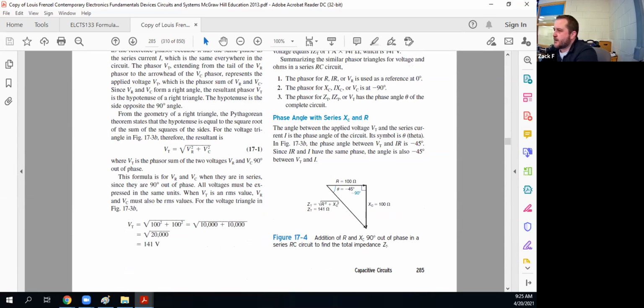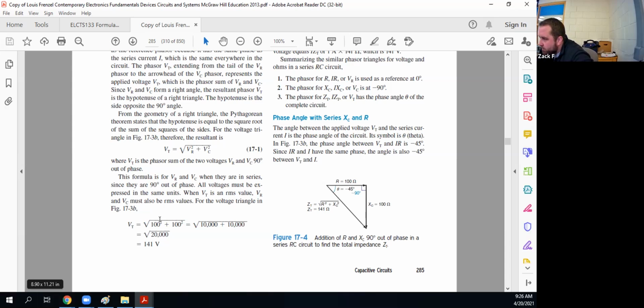Remember, impedance is a fancy word for resistance, but it's resistance in an AC circuit. You have resistance in an AC circuit too if it's purely resistive. But if you have capacitors or inductors in an alternating current voltage circuit, you have impedance, which is either more or less than the total resistance of the circuit.